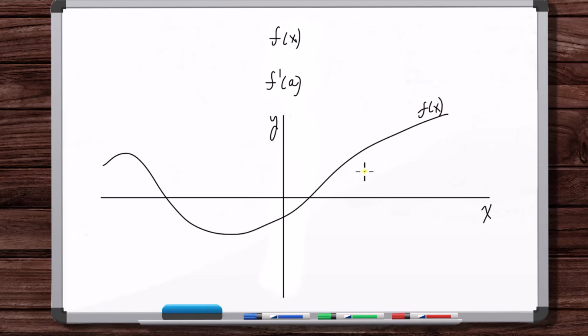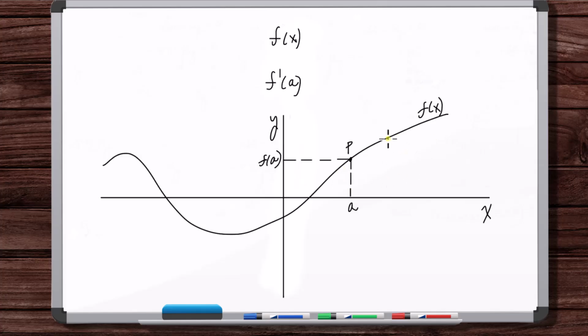So what the difference quotient is referring to is, you've got some function f of x with some point in the domain of the function with x coordinate a and y coordinate f of a. This point on f of x we'll call point P. And the difference quotient is just the average rate of change of the function from point P to any other point on f of x, as long as it's not point P. So this point could be to the left of P, to the right of P, it doesn't matter.